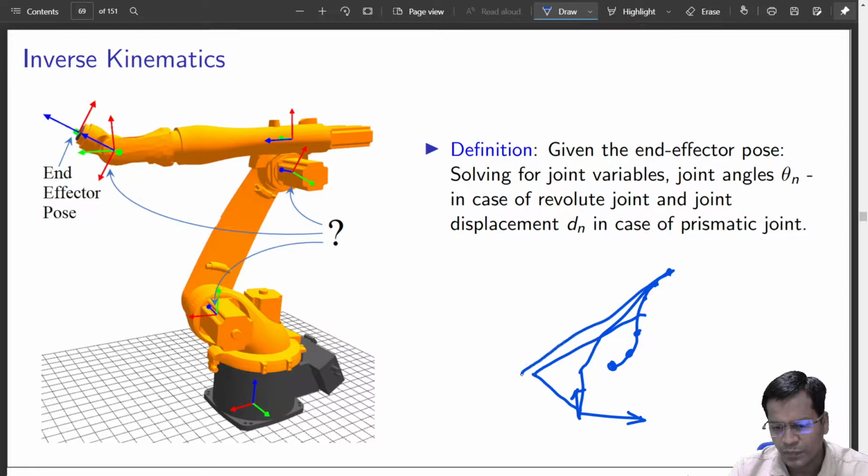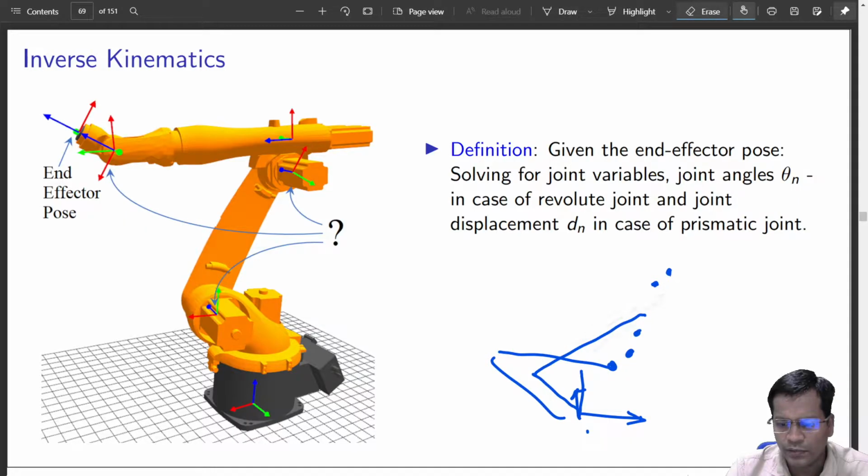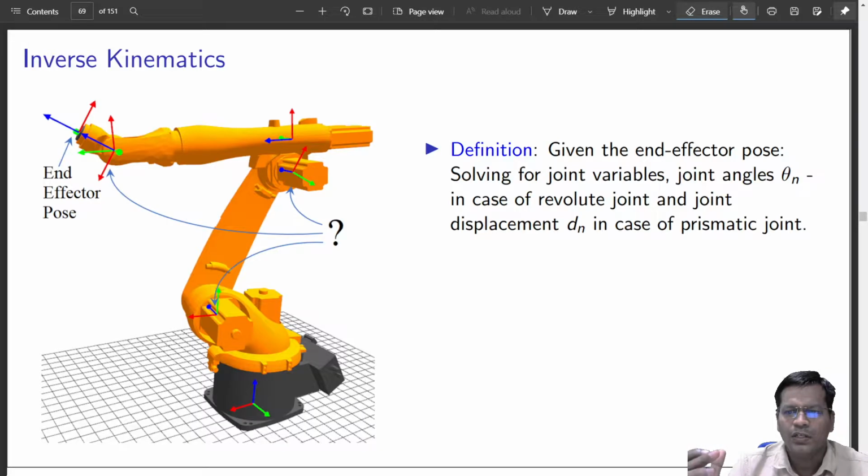For every point it will have some solution. You got it? So that is how it should go. That means for a given trajectory, you have a set of joint trajectories, and that is to be followed if you want your robot to move along a particular trajectory.